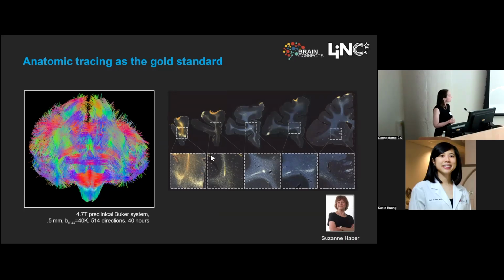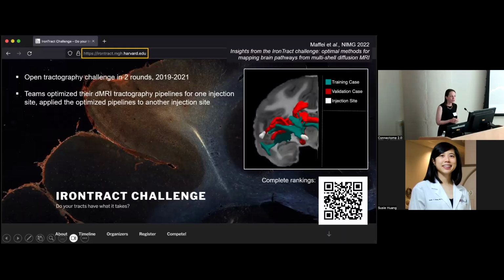An example of this kind of study was an open challenge that we organized a few years ago, where teams of tractography developers from all over the world were able to compare their different analysis pipelines against the gold standard of anatomic tracing in the same brains.